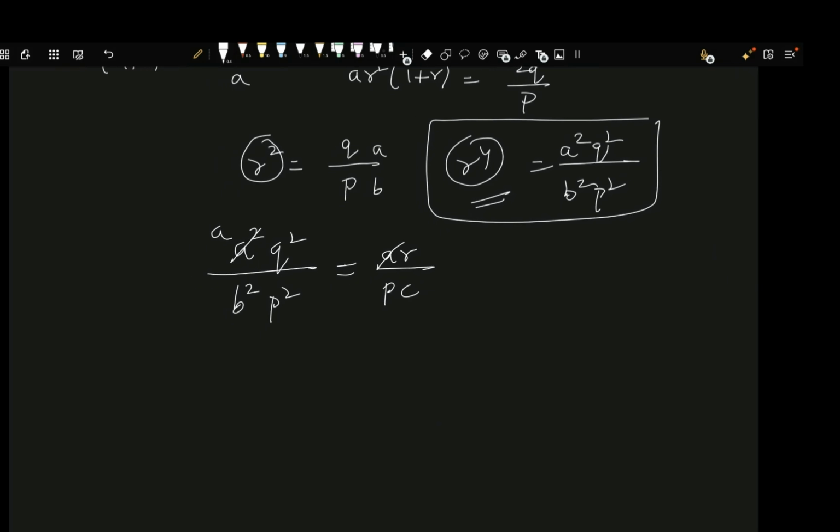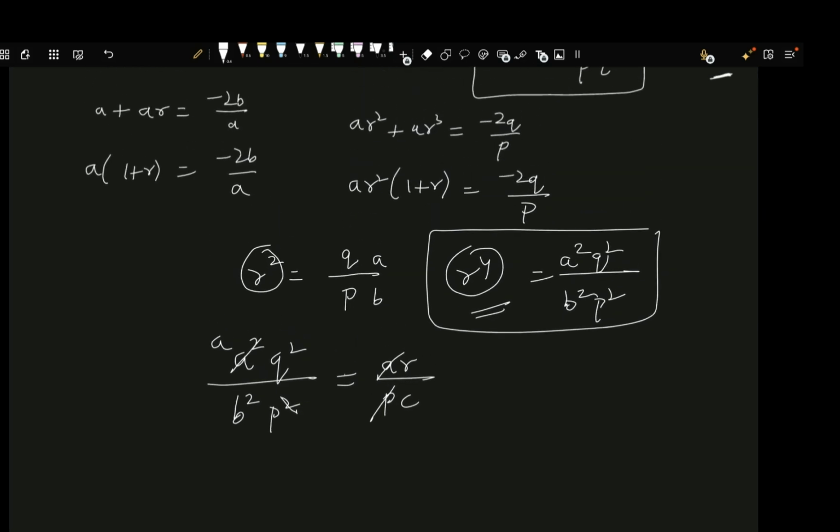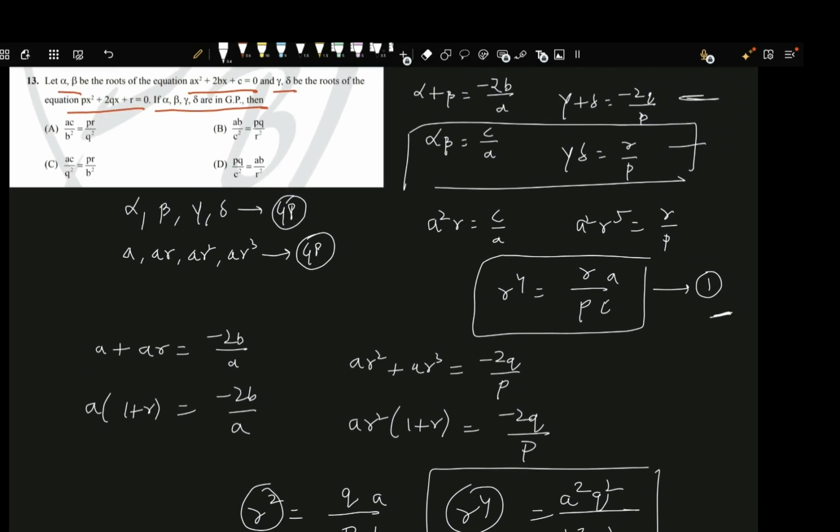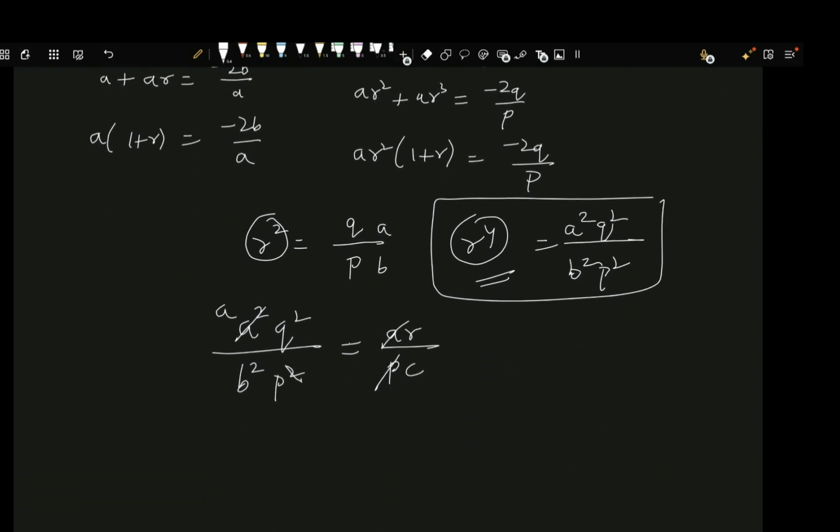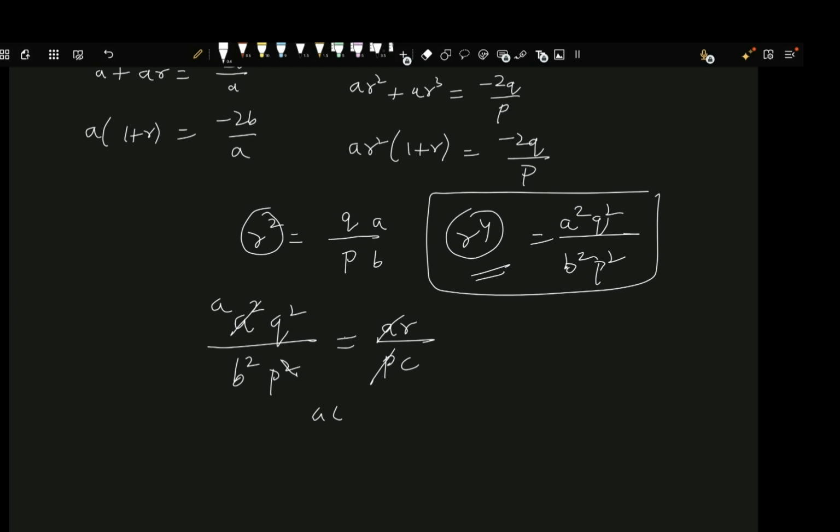So this leaves a, and this is p, right? So we get the terms in q square and b square. So ac upon b square is equal to rp upon q square.